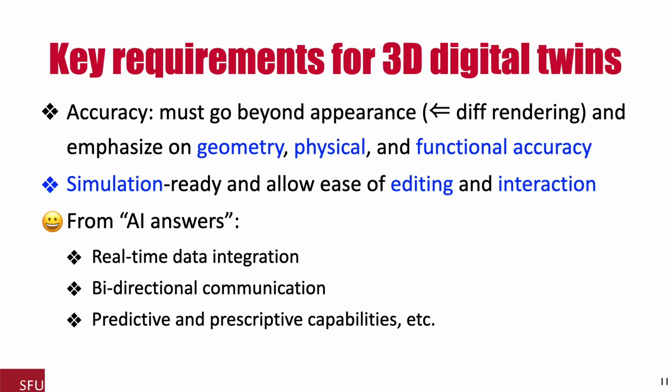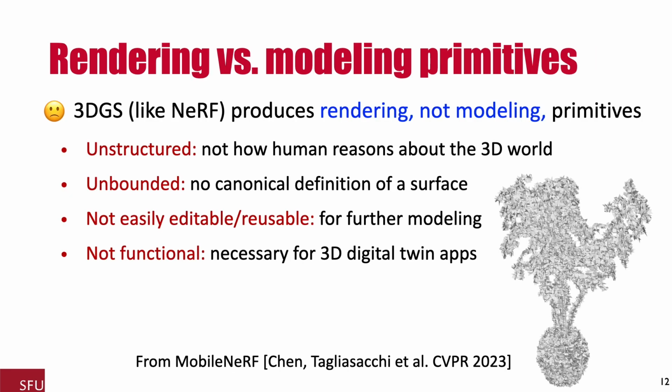Those are the 2 things I first thought about. Then I Googled, and there are many, many other requirements for the digital twin. From the AI answers, things like bidirectional communication, real-time data integration, et cetera. Now if you go back to that slide where I complained about 3DGS and NeRF, about these issues of unboundedness and so on.